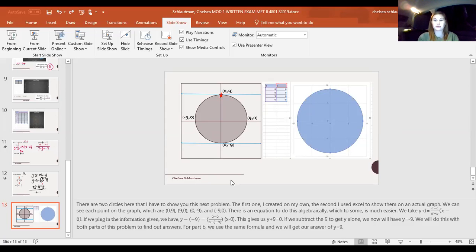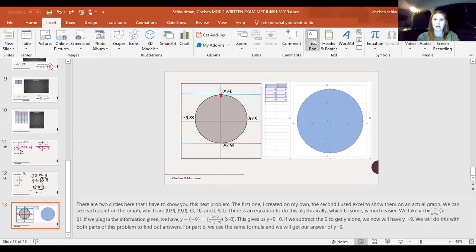So we're going to use a formula, y minus d equals a minus c over d minus b, and then we're going to put in parentheses x minus 0. So let me write that out here for you, make it a lot easier. We're just going to plug it in right here.